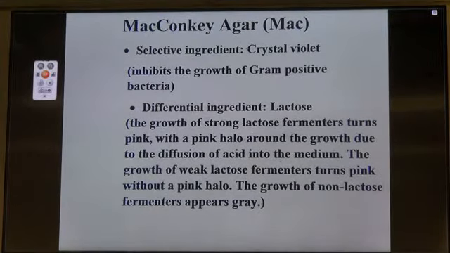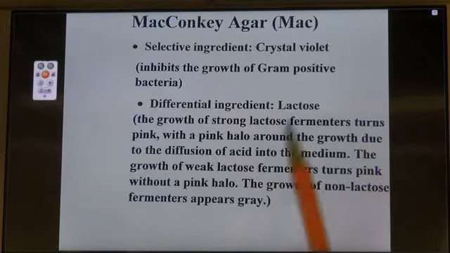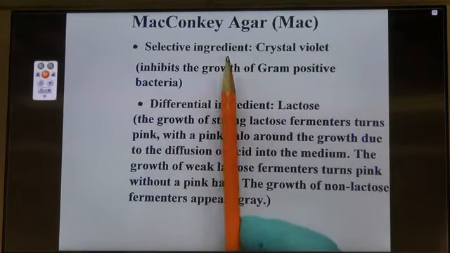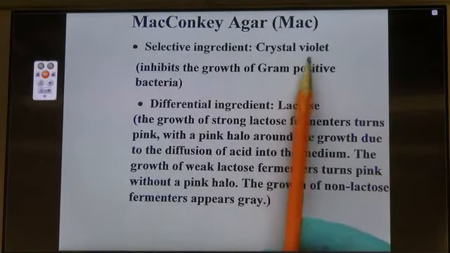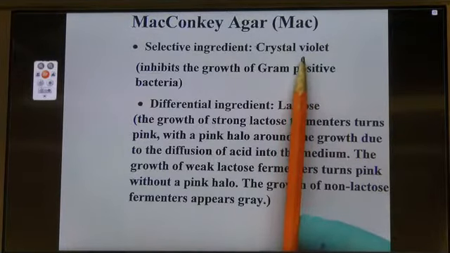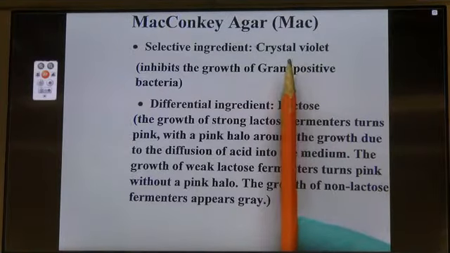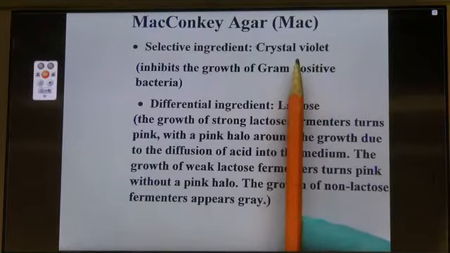Selective ingredient is the dye crystal violet, which is a basic dye used in gram stain, right? But here, don't confuse it with gram stain, please. Here, when bacteria literally eat crystal violet, some of them die.